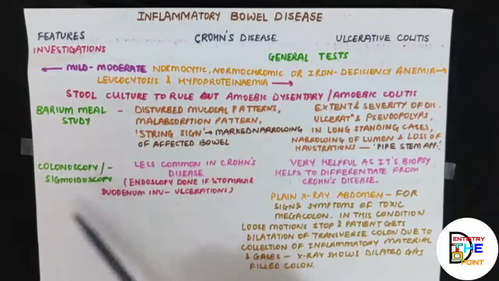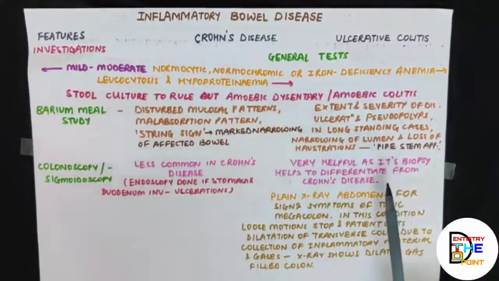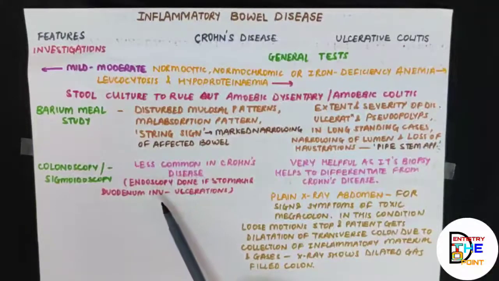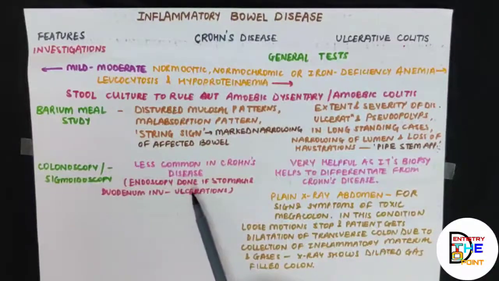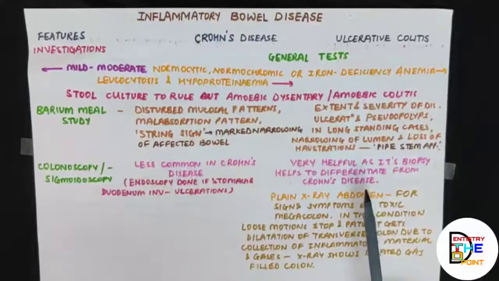So this is obviously of less importance in Crohn's disease, but since ulcerative colitis is more common in the sigmoid colon, sigmoidoscopy and colonoscopy are going to be very helpful in ulcerative colitis, because they help differentiate it from Crohn's disease. Meanwhile, here endoscopy is more important, because endoscopy is done if the stomach and duodenum are involved and ulcerations are seen. So endoscopy is more important here, and here colonoscopy or sigmoidoscopy are more important.